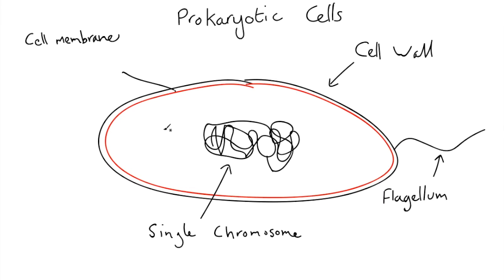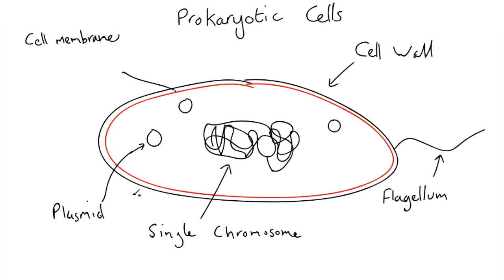The other place you have your DNA inside a prokaryotic cell is something that you don't come across in eukaryotic cells, and it's circular DNA, ring DNA, that's called plasmids. So this is a plasmid.